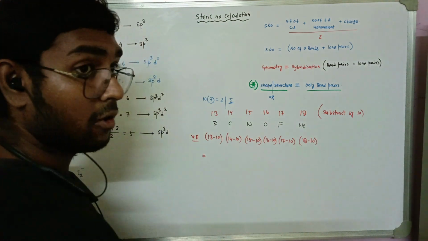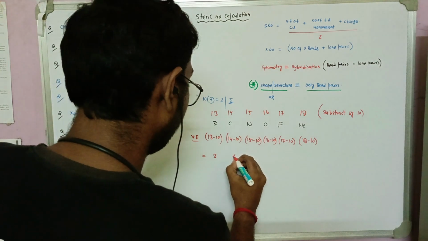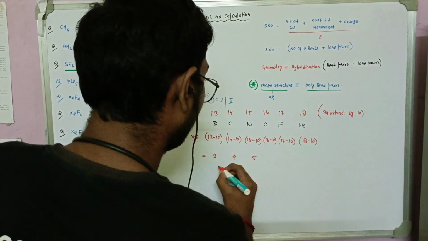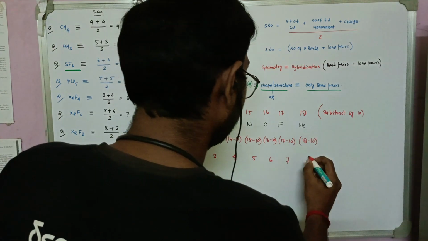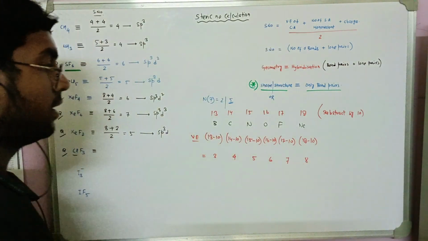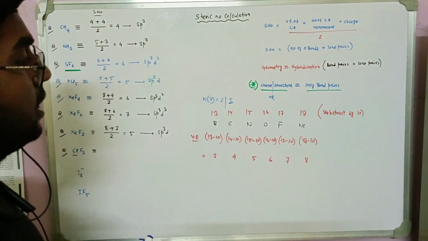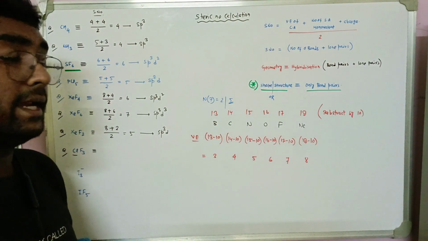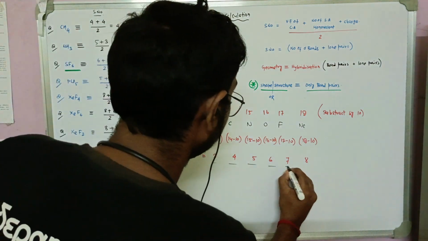So the valence electrons for the boron series will be 3, for carbon series 4, nitrogen series 5, oxygen series 6, halogen series 7, and the noble gas series 8. So it will be quite easy to remember that to calculate the number of valence electrons, we just have to subtract 10 from the group number. So we will be having all the valence electrons.